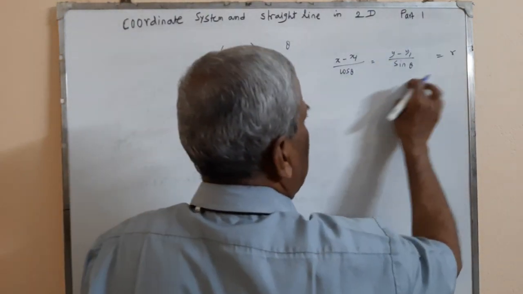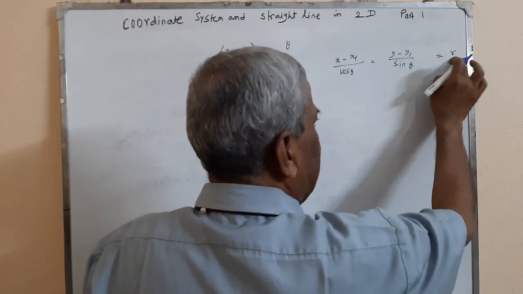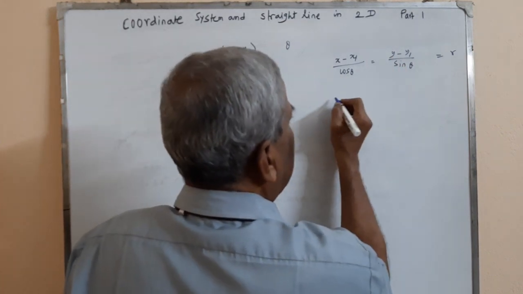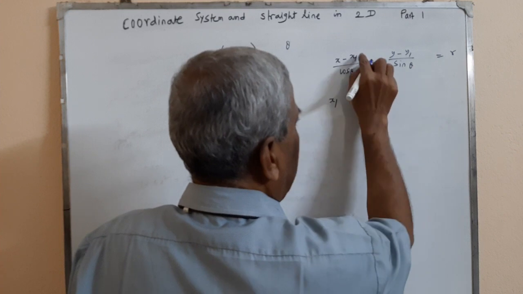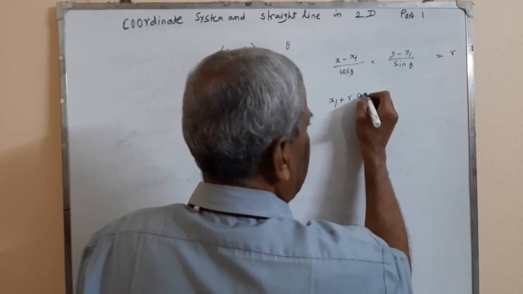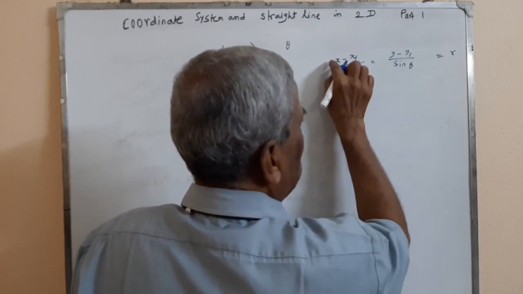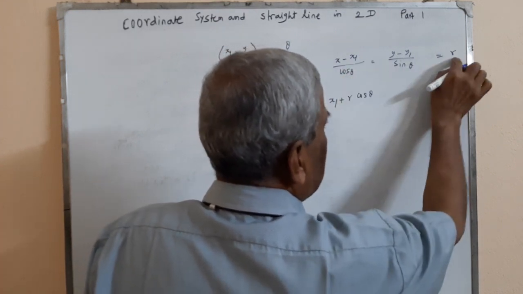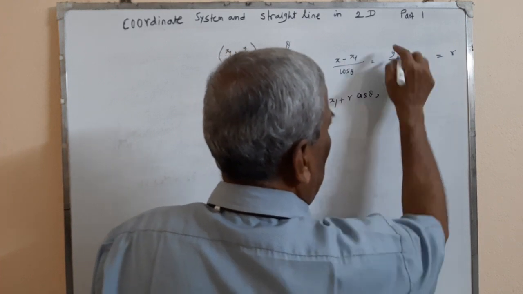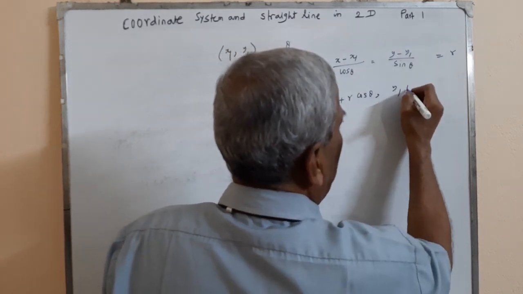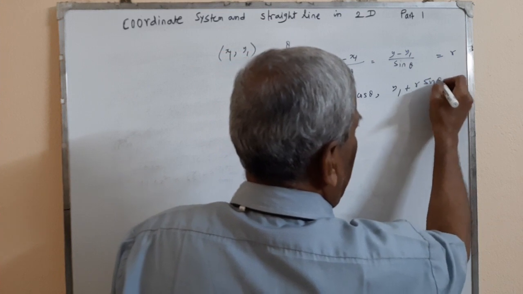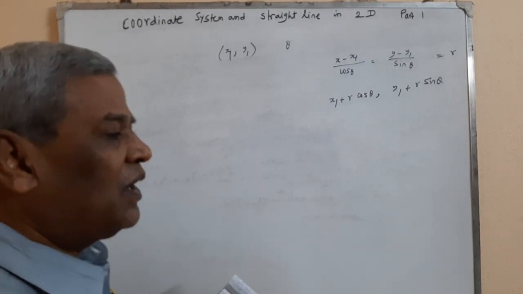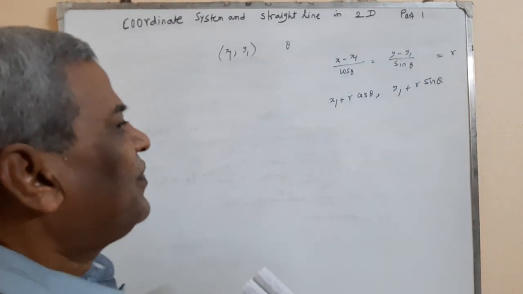Then its equation is this. Let us take it as r. Then any point on that straight line is x equal to x1 plus r cos theta, and y is equal to y1 plus r sin theta. For different values of r, we get different points.